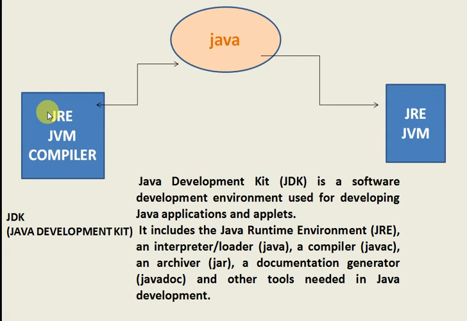JDK has the capability to compile your program independently and produce output. JDK is a software development environment for developing Java applications and applets. It also includes the JRE, an interpreter, a compiler, a jar file archiver, a documentation generator, Javadoc files, and other tools needed in Java development.